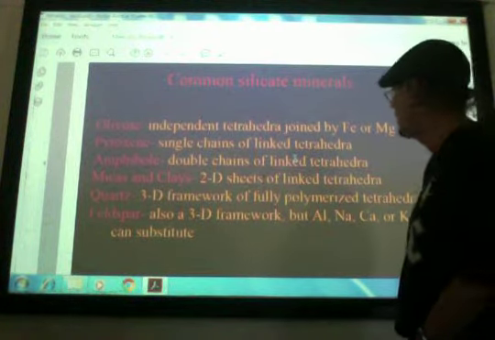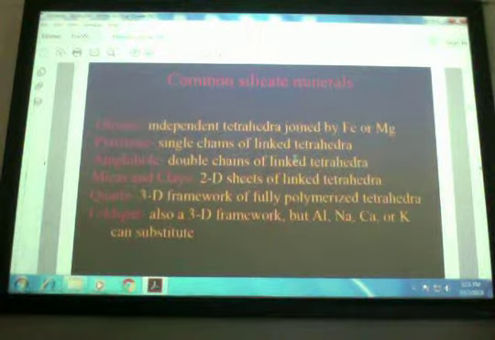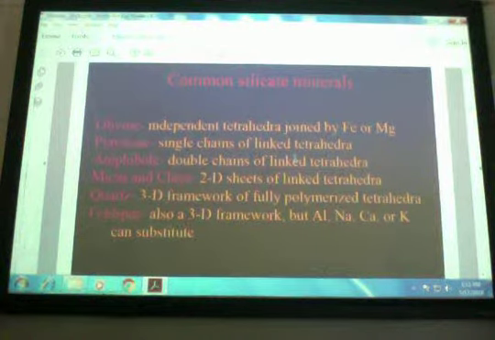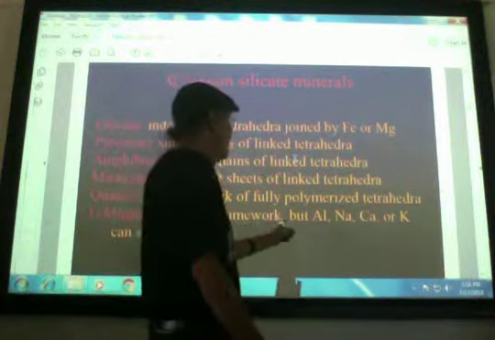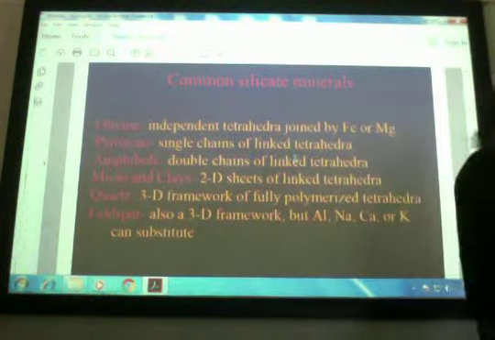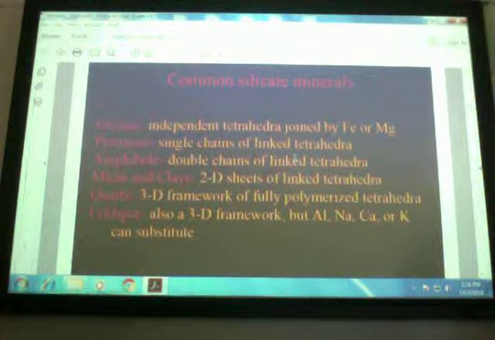Then we have parts, you saw it just right now. And these are 3D frameworks of linked tetrahedrons. And then you have the feldspars. They are also 3D frameworks, but they also have aluminium, sodium, calcium or potassium, which can be substituted, yeah?